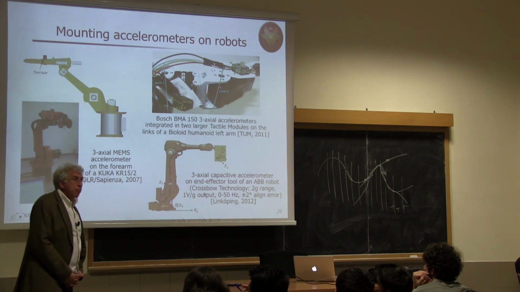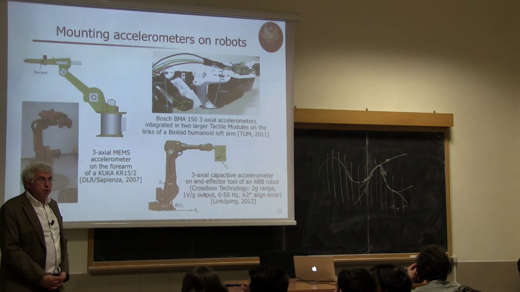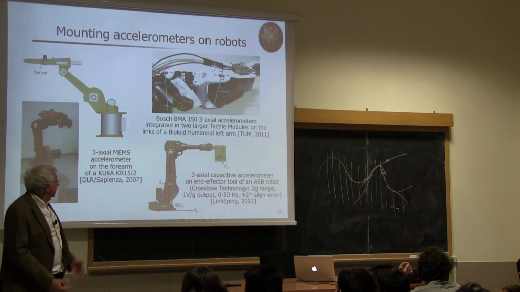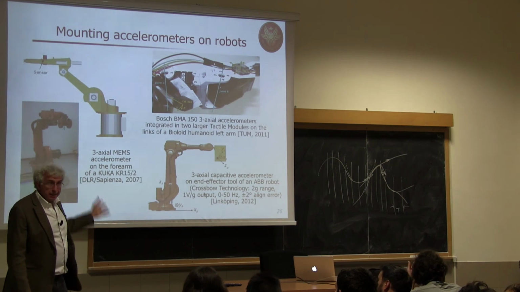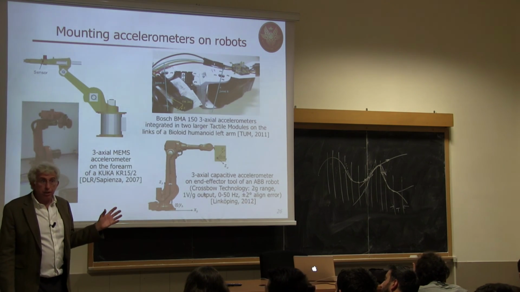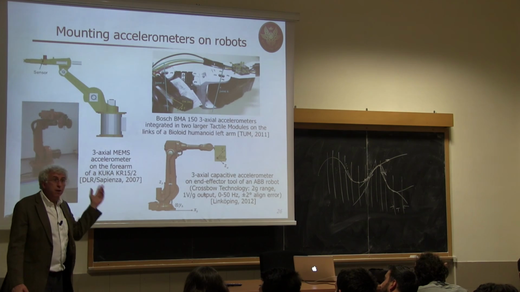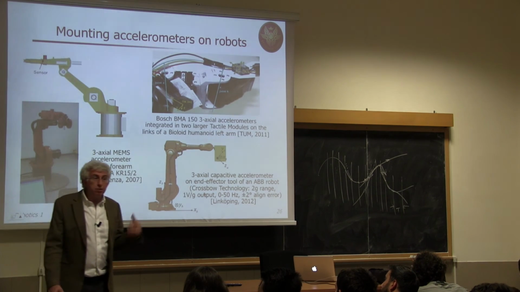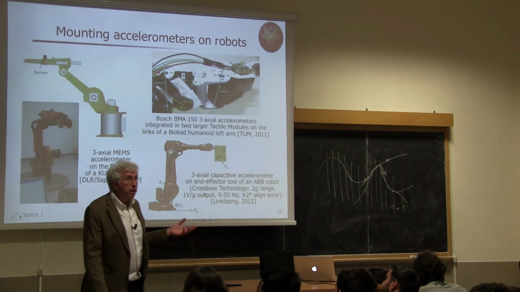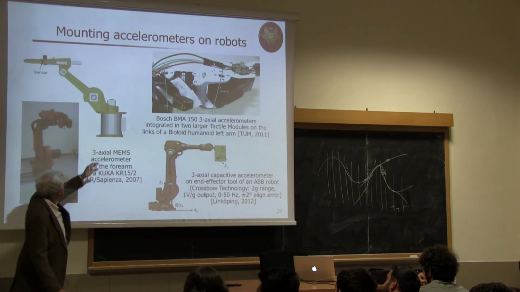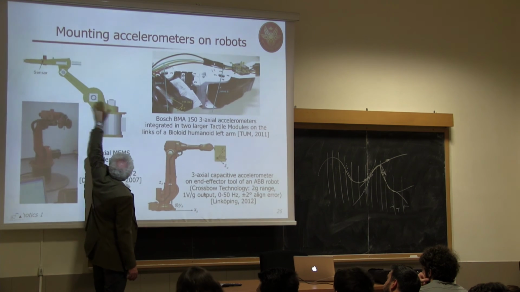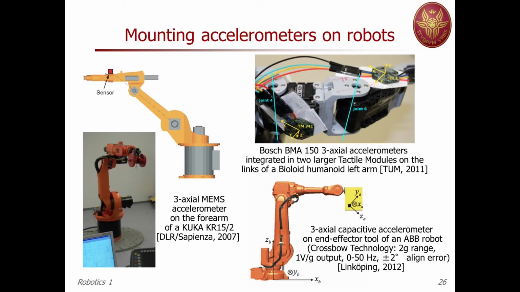So it's like an encoder or tachometer for measuring position and velocity. Be aware that you're measuring some link acceleration, not a joint acceleration. And you need some transformation, which is essentially related to the differential kinematics of the arm, to relate a measurement of acceleration at some point of the link to the acceleration of the joints, of the 3 joints in this case. Okay, and this is one use.